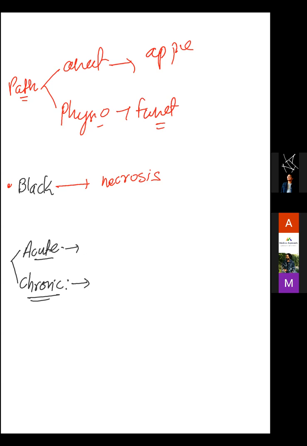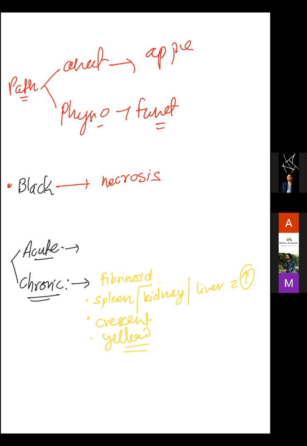In chronic, remember these words, they will be available: fibrinoid, spleen or kidney or liver size will be increased. Another thing, they may say crescent, this kind of thing, yellow. All these things will be in the chronic section.